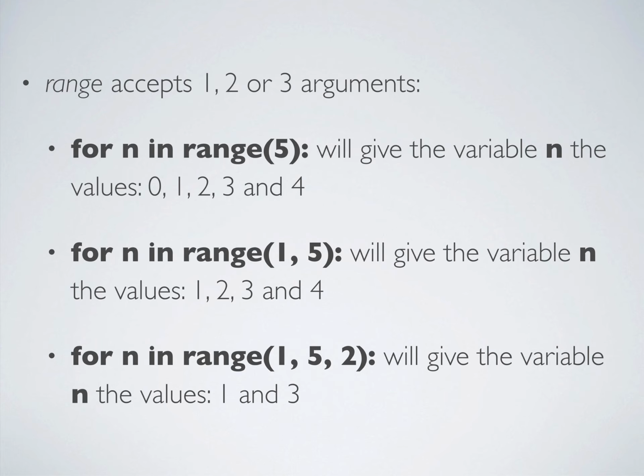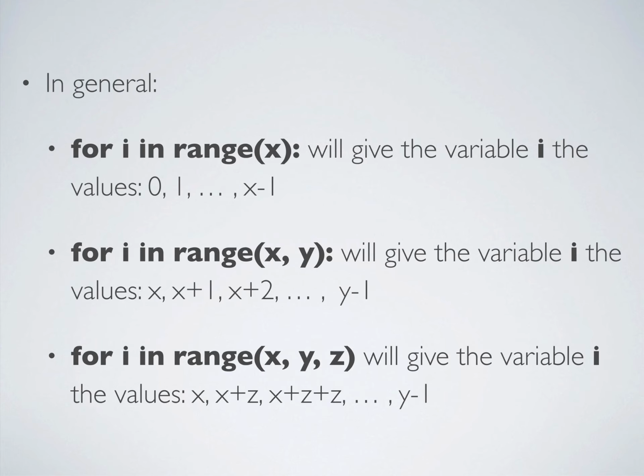If you are more math inclined, this might make slightly more sense. So again, if you have one argument, for i in range(x), that will give the variable i the values 0, 1, 2, 3, all the way up to x minus 1. Right? Does not include whatever that number is. If you have two arguments, say x and y, that will go through the values x, x plus 1, x plus 2, all the way up to y minus 1, does not include that y.